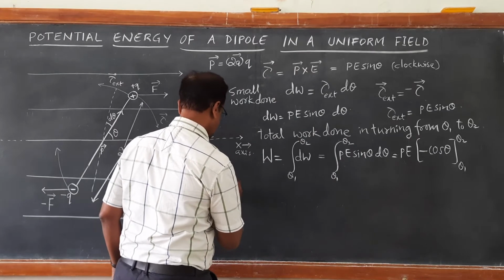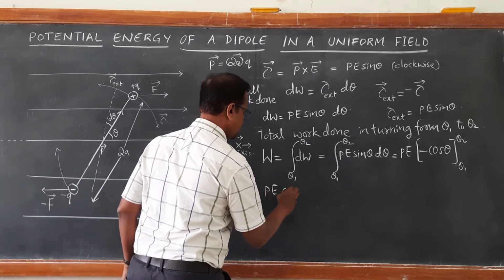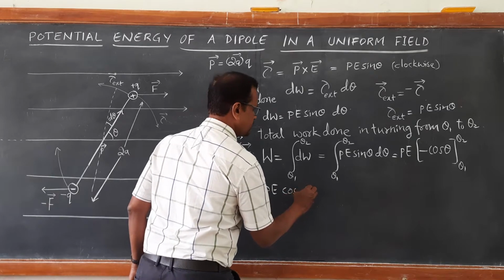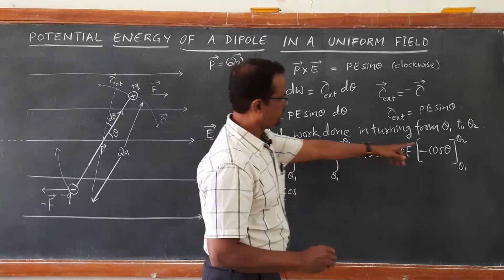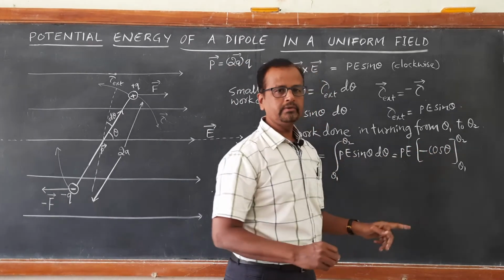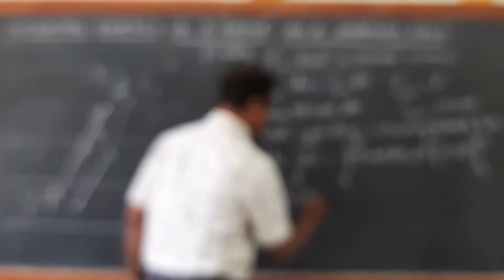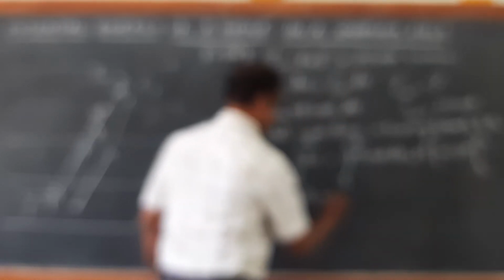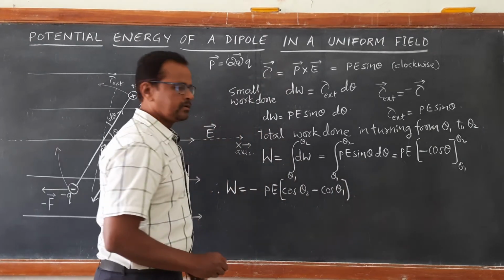This total work done is now written as minus Pe, then first we have to substitute the upper limit, cos theta 2, minus, then substitute the lower limit, cos theta 1. So, this becomes the expression for the work done.